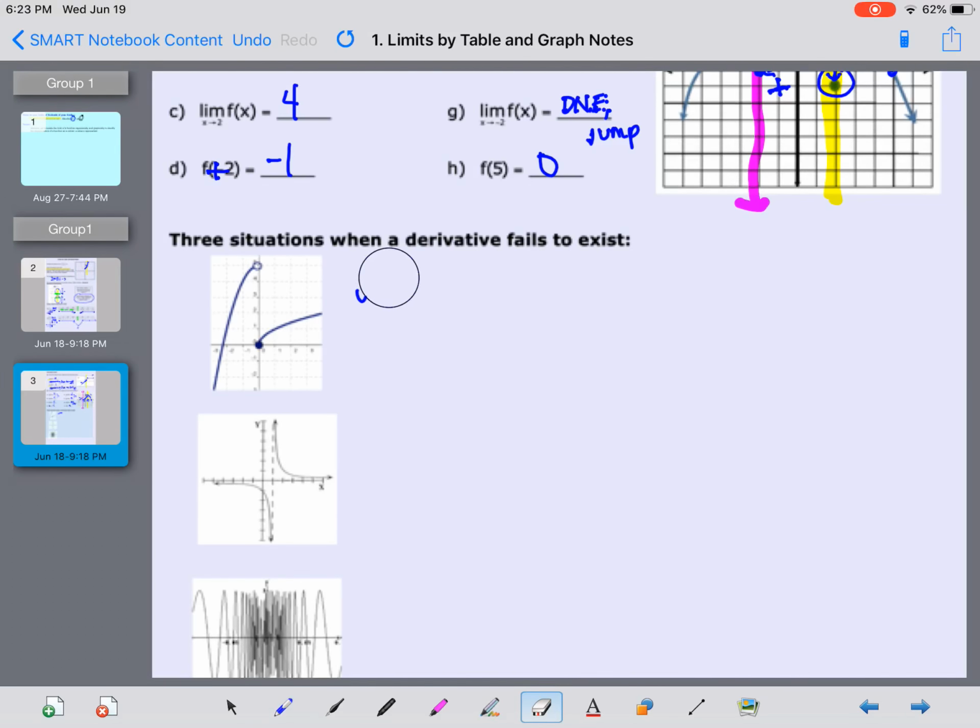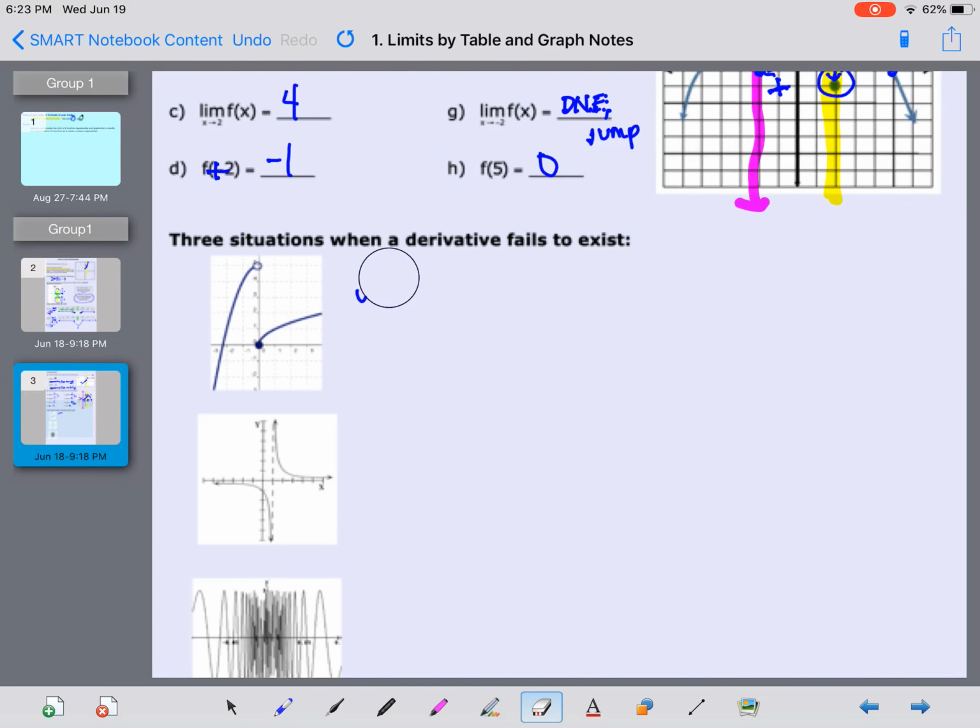What that means is the limit as x approaches a certain value from the positive side of a function, and the limit as x approaches that value from the negative side of that same function, those 2 things are not equal. So that proves a jump discontinuity for us.